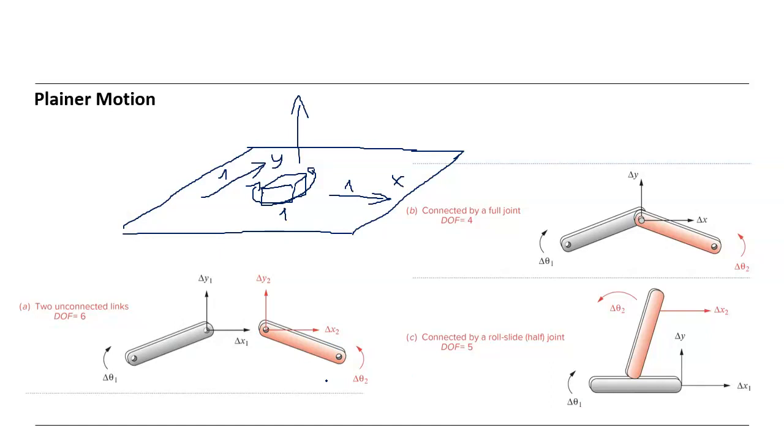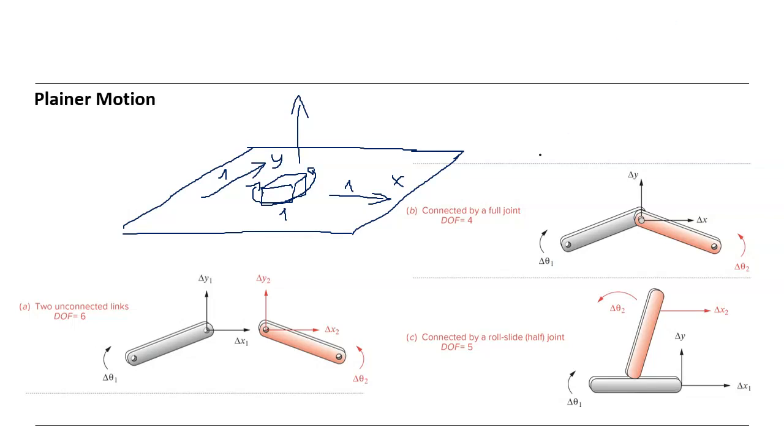And if we connect them by, let's say, a pin joint or revolute joint, what will happen? They can rotate, of course. They can move in x and y direction, but not each one separately. Both of them have to move in x and y direction. So therefore, the degrees of freedom are reduced to 4.